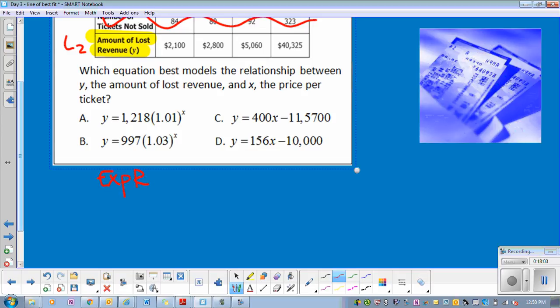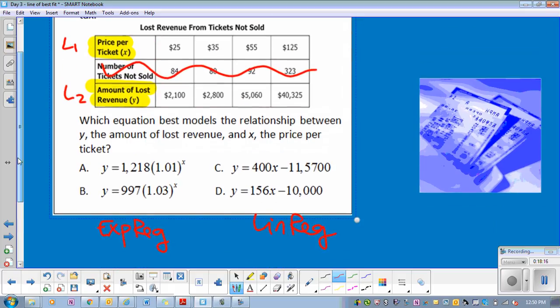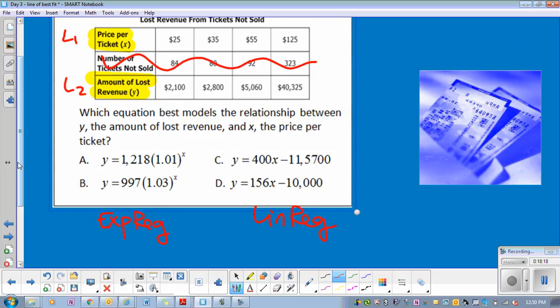Look at C and D. What kind of reg is that? Lin reg. So after we put this in, we're only going to check lin reg and exponential reg. Does it matter which is L1 and L2? Yes. L1 is always X. L2 is always Y.